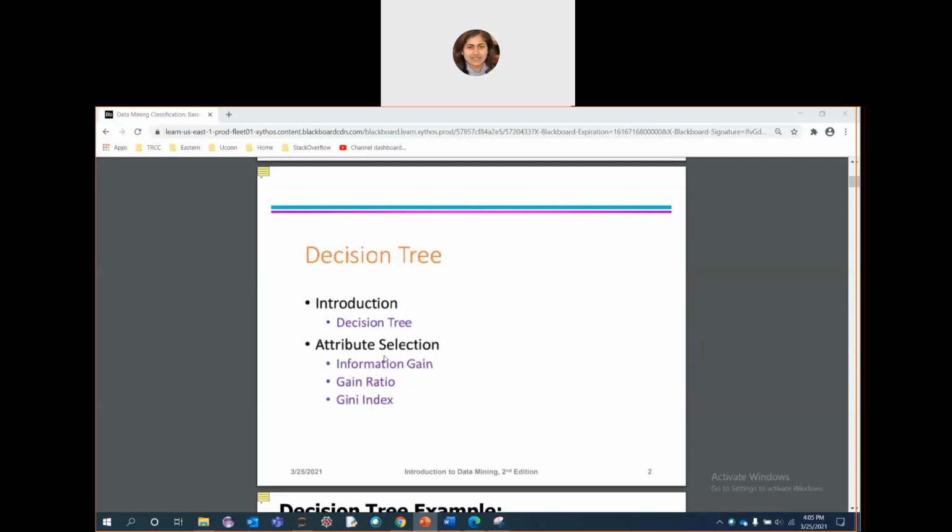So we will learn all of them, and these three again are dependent on the calculation of entropy, which is a new concept. Again, we will see how to calculate the entropy. After we know how to calculate the entropy, it will be easier to move forward for calculating these three measures.